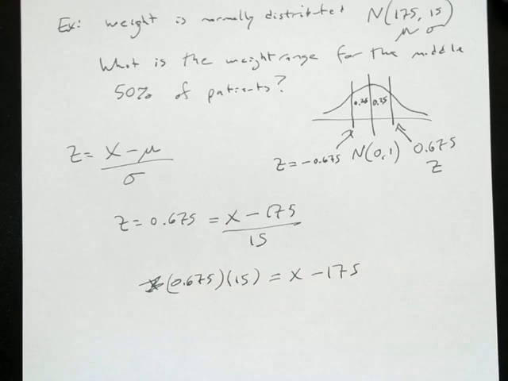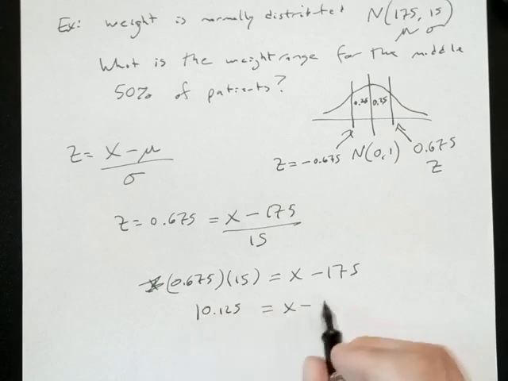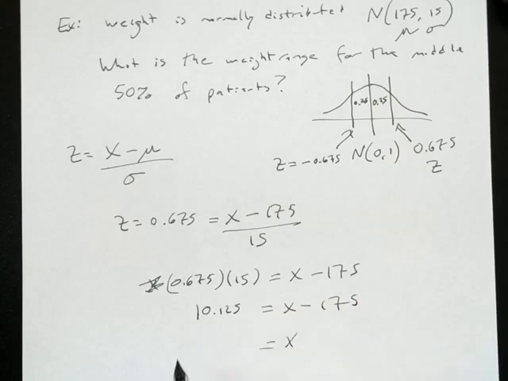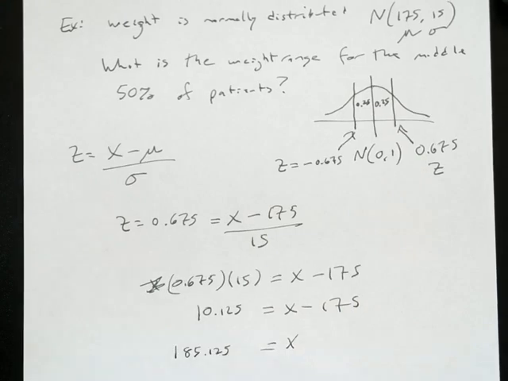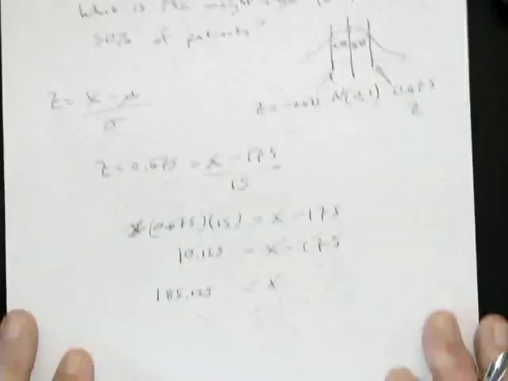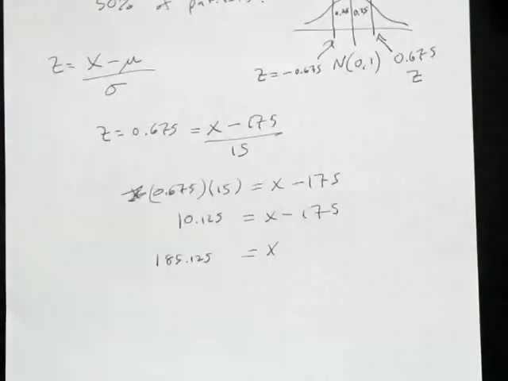Somebody give me that number. Add the 175 over, and I get 185.125. Now that's the high end. That was the positive Z value, so that's the upper end. Where's the lower end?